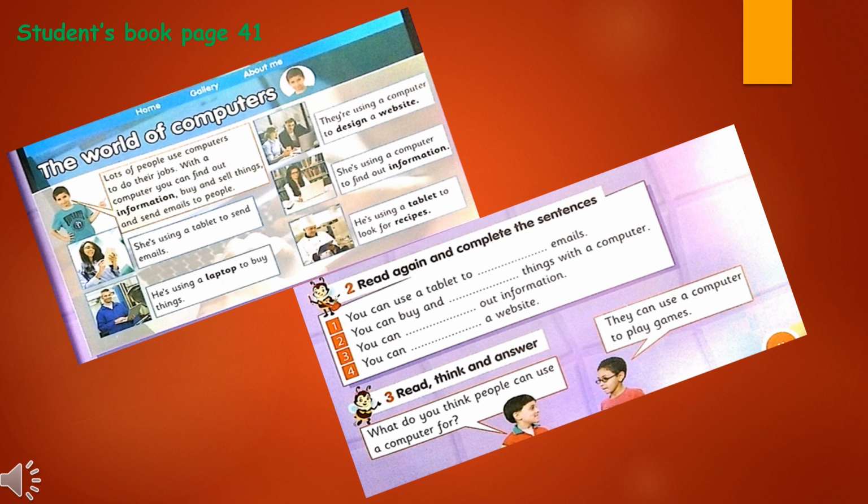Buy what and what things? Yes, sell. You can buy and sell. Number 3, you can... out information. Yes, find out. Find out means to search for this.